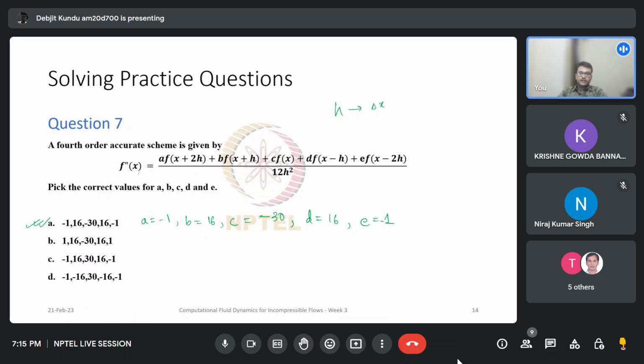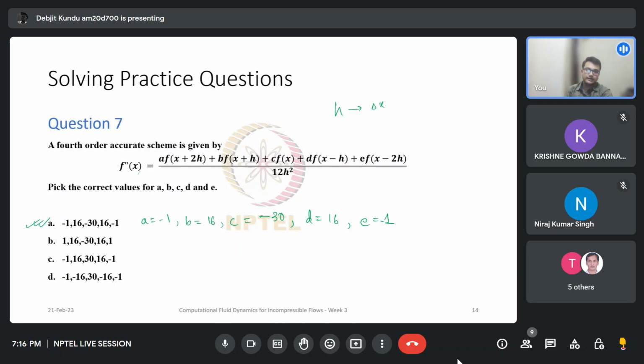We have a fourth order accurate scheme representing a second order derivative as shown in the formula, and there are 5 coefficients in the equation, a, b, c, d and e, and we have some possible candidates for the correct values of those coefficients.